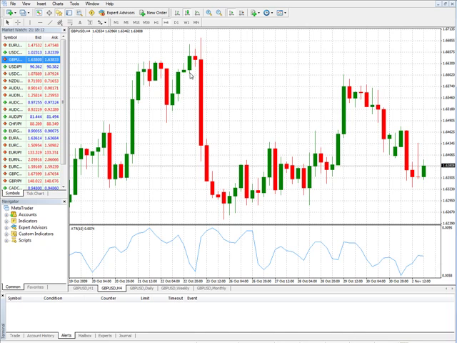Actually, you see right here a breakout of that inside bar. Actually, it's to both sides. That's another technique called fading the breakout. So you wait for it to break out one side, and you then place your pending order on the other side of that bar prior to the inside bar.